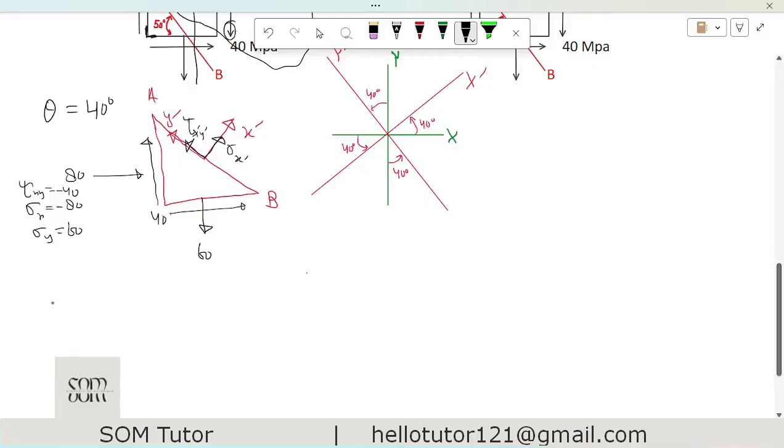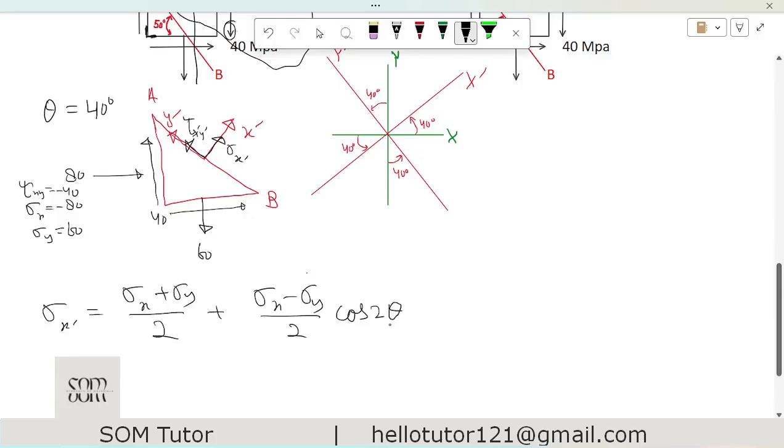Now we have to apply sigma x prime here. In the previous assumption, we found sigma y prime, but here we got sigma x prime. So sigma x prime is (sigma x plus sigma y) by 2 plus (sigma x minus sigma y) by 2 cosine of 2 theta.